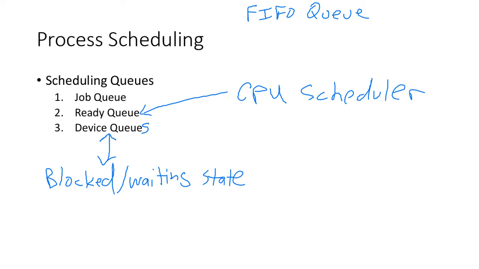Every process that is in the block state, I'll use block since that's what they use in the textbook, won't be in the ready queue, because if it's not in that state, it's not going to be within that queue. It will be in a device queue.